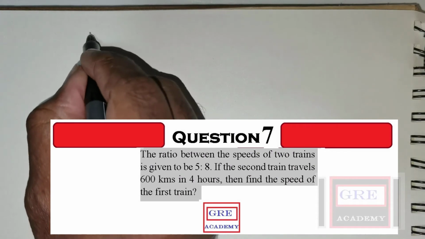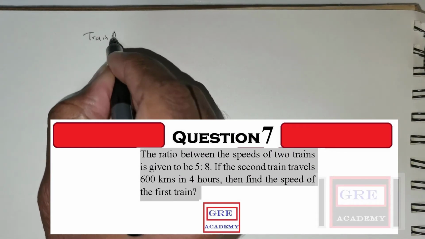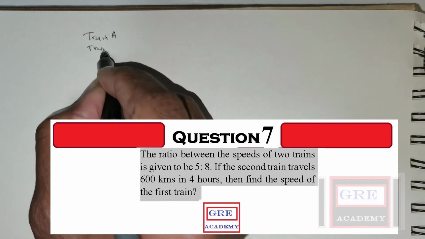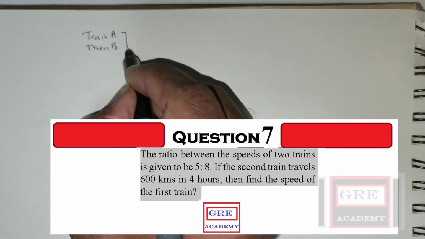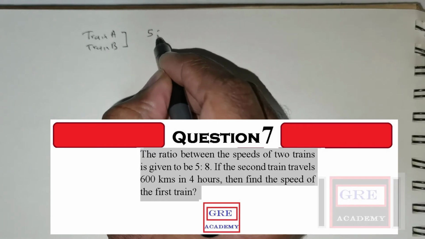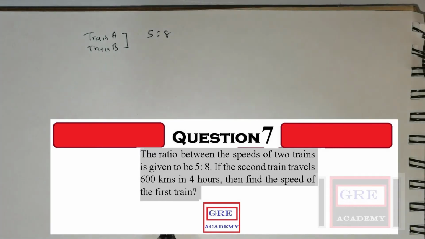Students, we are given two trains, train A and train B. Their speeds are in the ratio of 5:8. This has been given.